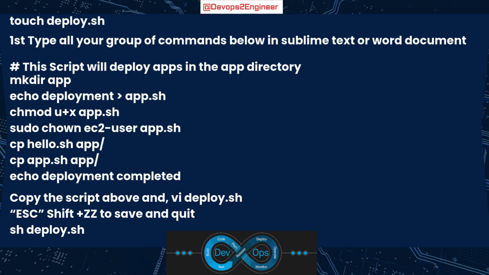Then we're going to mkdir app, echo deployment into app.sh, chmod u+x app.sh, sudo chown ec2-user app.sh, cp hello.sh app, cp app.sh app, echo deployment complete.